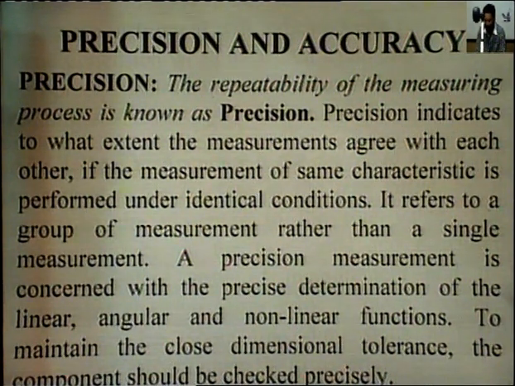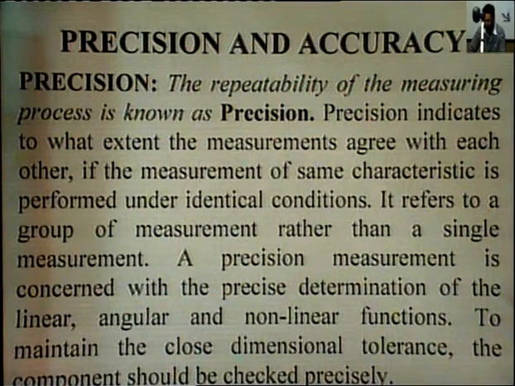So accuracy is a single reading as compared to the true value, but precision is a group of measurements. A precision instrument is concerned with the precise determination of linear, angular and non-linear functions.